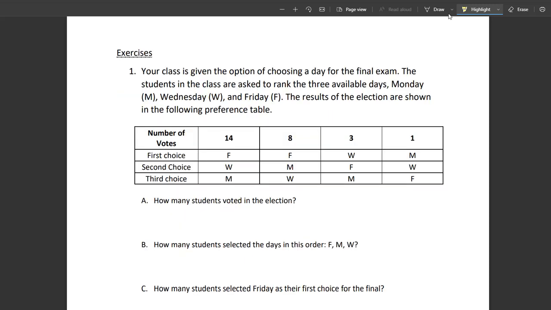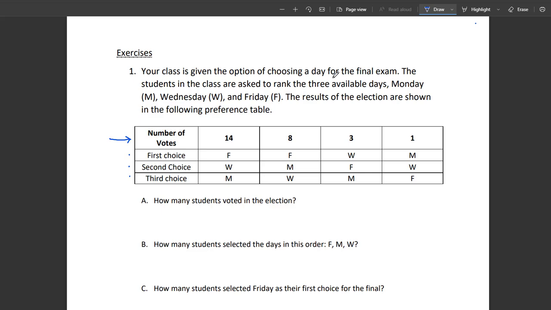In our first exercise, we are looking at the preference table. This exercise, we are just reading over this preference table. So we have the number of votes in the first row, and then each person is going to give their first choice, second choice, and third choice for a day for the final exam. So it says your class is given the option of choosing a day for the final exam.